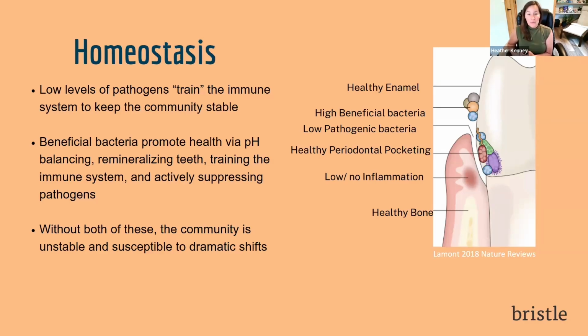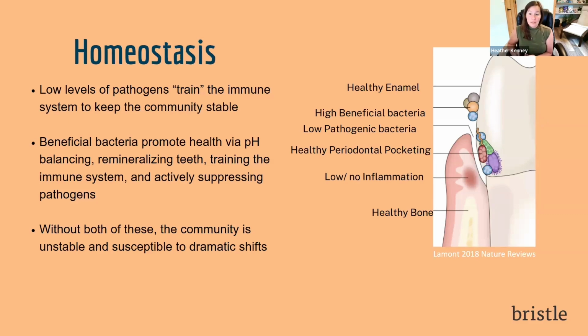Beneficial bacteria in homeostasis are really important to have high because they help to promote a healthy pH. They help with remineralization factors. They help to train our immune system. And good bacteria in the mouth help to actively suppress pathogens that cause disease pathways for our patients.